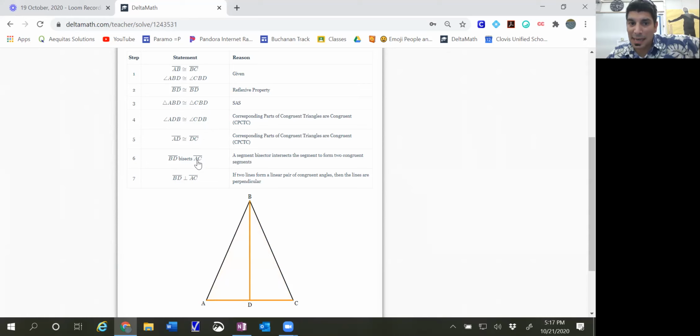Does BD bisect AC? BD bisects AC. Well, this has to come after. If these two things are equal, then does BD bisect AC? A segment bisector intersects a segment to form two congruent segments. Well, because those two are congruent, doesn't it bisect?